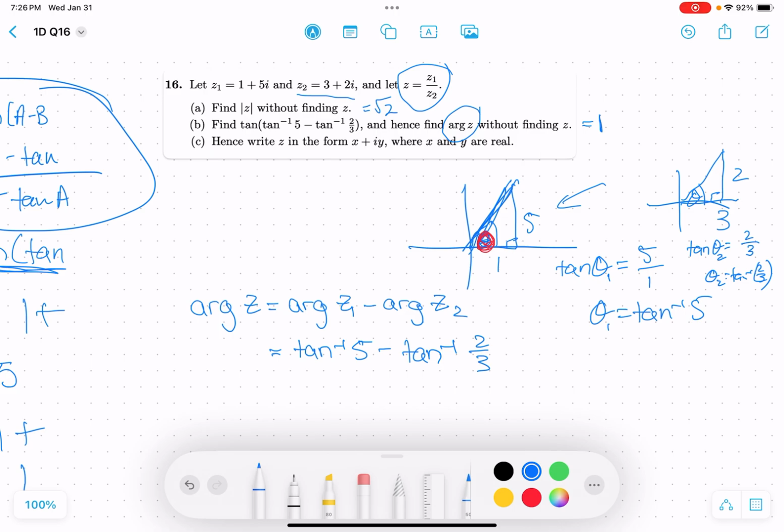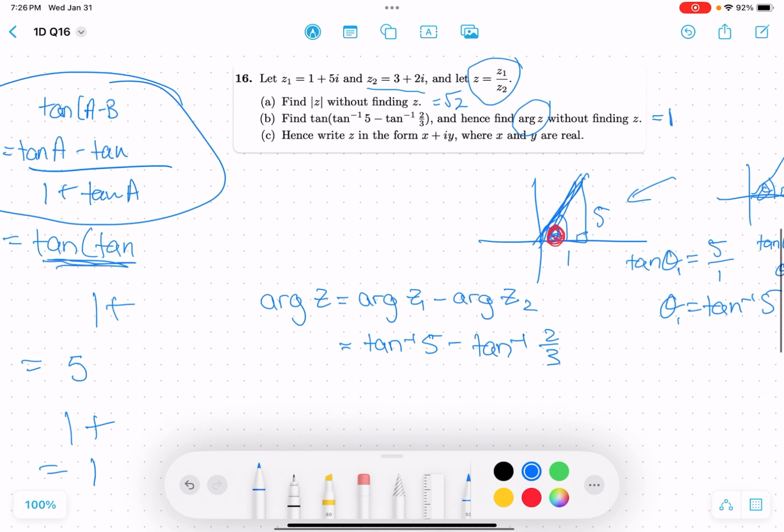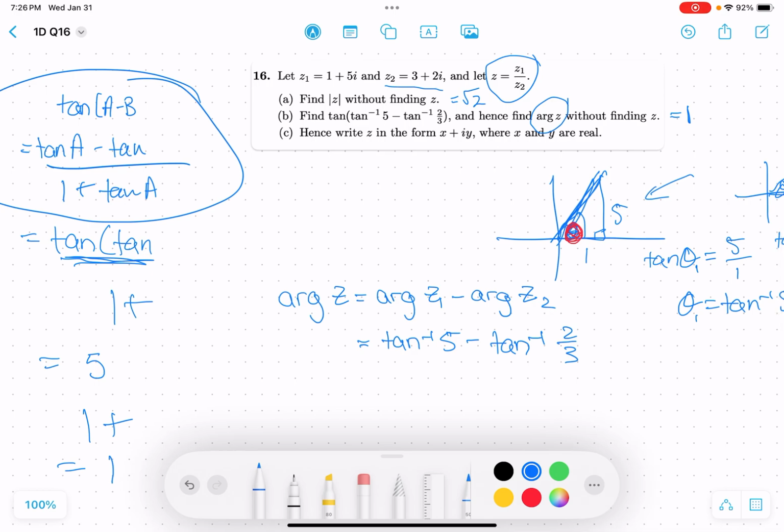Okay, now that we can't do, but remember what we just did. We found, it's up here, that tan of inverse tan 5 minus inverse tan 2/3 is equal to 1. So what I could do is go tan of this arg z.